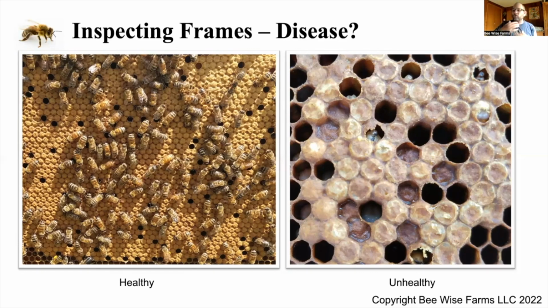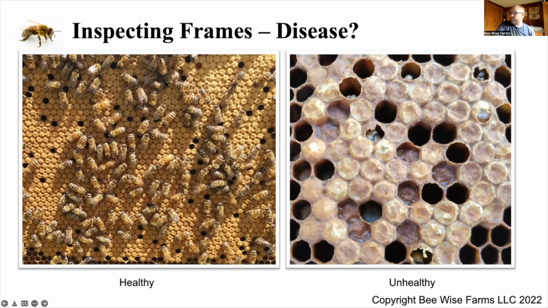And so when we're looking at caps, what we're looking for is what we see on the left here, which are these even caps that are all nice color and just look very, very symmetrical, right? They're capped right with the top of the cell. There's no sinking of any of the cells or any discoloration.